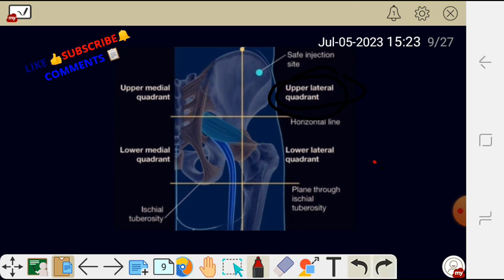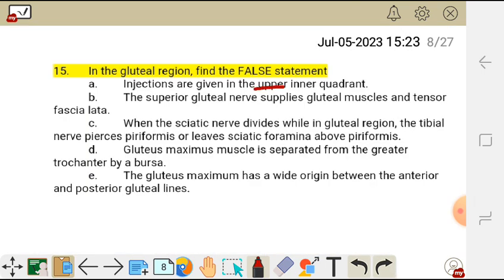Okay, so these quadrants where injections are safely done is in the upper lateral quadrant. Okay, upper lateral quadrant, that's where the injection site is, not in the upper inner quadrant. So A is a false statement. Question 15, the correct answer is A.